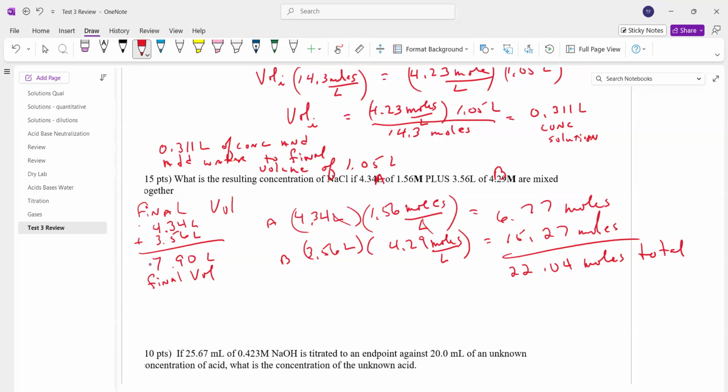Okay, so we have 22.04 moles final over 790 liters final. So we want moles per 1 liter, not per 790 liters, so we divide by 7.9.